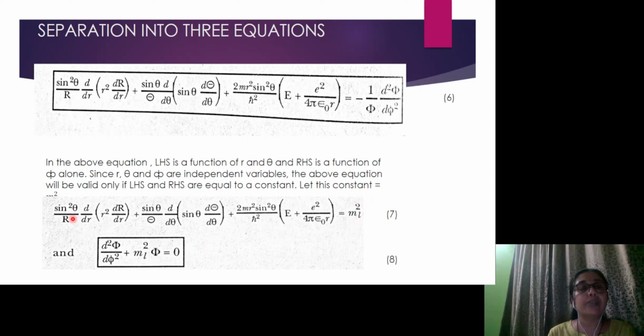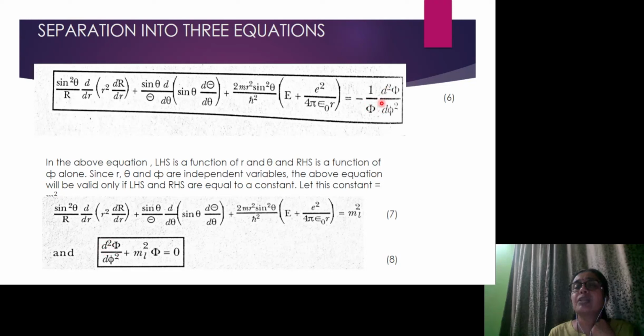So therefore we can write this particular equation separately: LHS is equal to ml square and RHS is equal to ml square. So if this is equal to ml square, we can write that d2 phi by d phi square plus ml square phi is equal to 0. We have replaced partial derivative with total derivative because it contains only one variable.